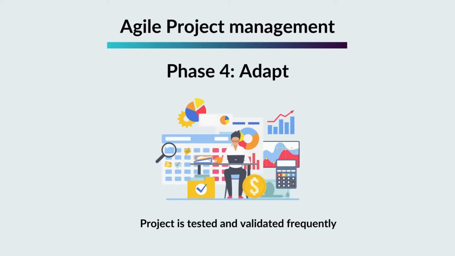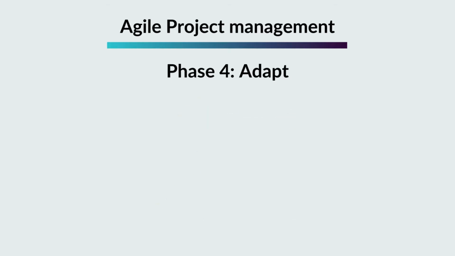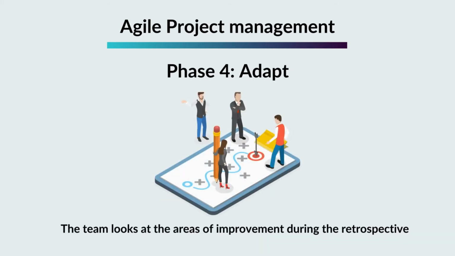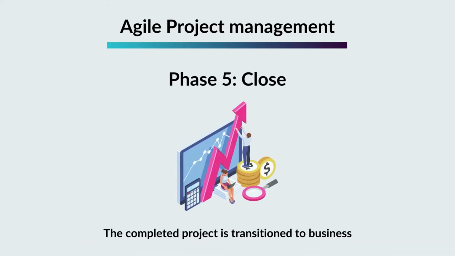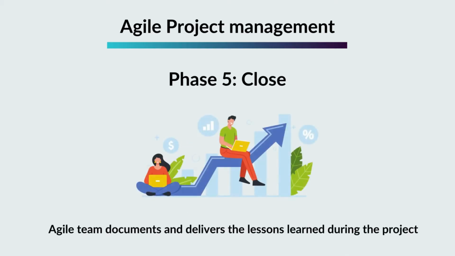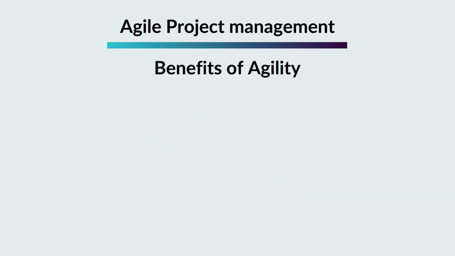The project is tested and validated frequently. Project progress is assessed. The team looks at the areas of improvement during the retrospective. Phase 5, close. The completed project is transitioned to business. The Agile team documents and delivers the lessons learned during the project.